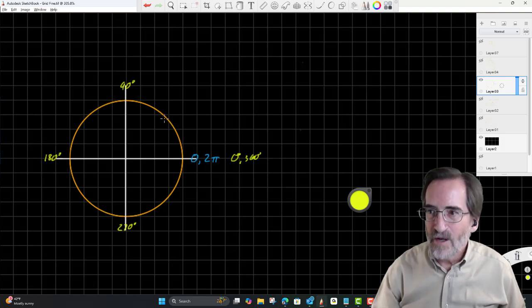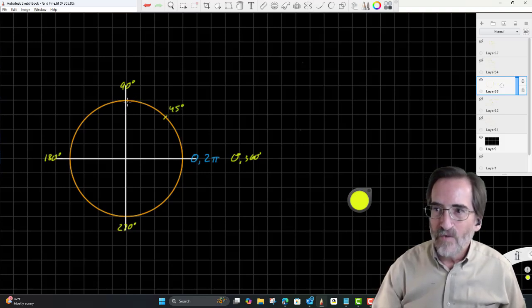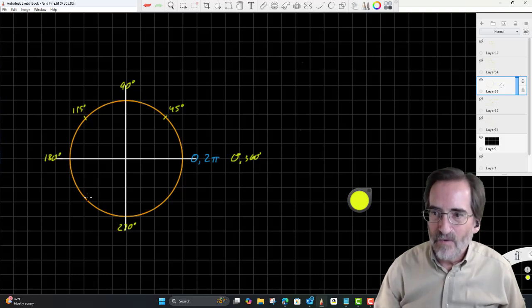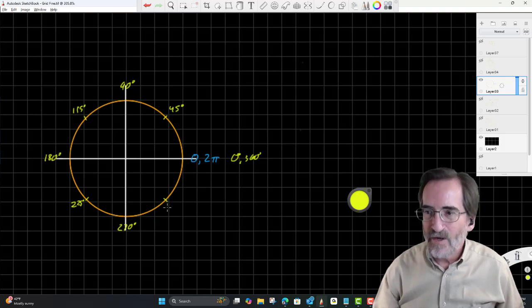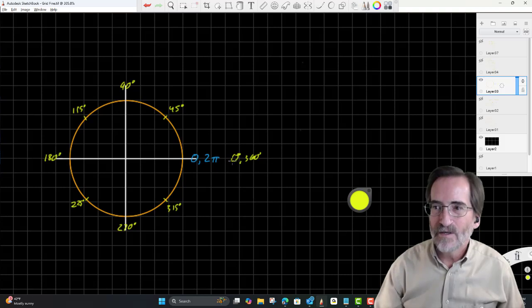If we cut that in half, 90 divided by 2 is 45 degrees, a perfect diagonal. 45 and 45 is 90. 90 and 45 is 135 degrees. 135 plus 45 is 180. 180 plus 45 is 225. 225 plus 45 is 270. 270 plus 45 is 315. 315 plus 45 is 360.